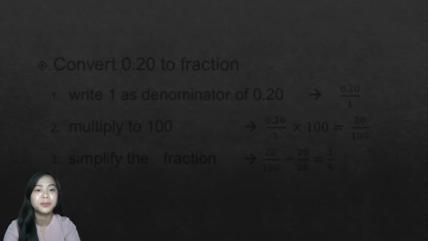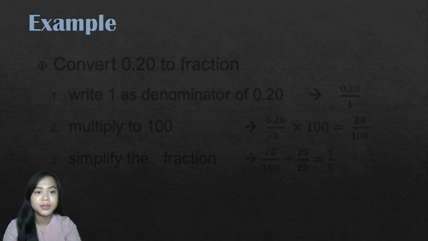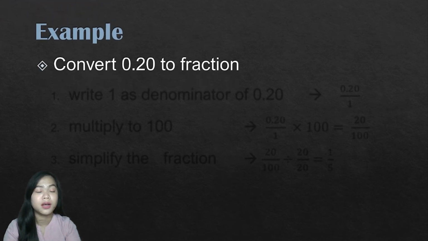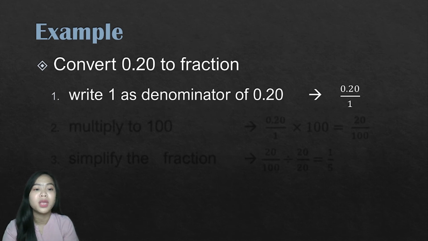So let's have an example. First, let's convert 0.20 to a fraction. So we have the first step. Write 1 as the denominator of our given decimal form, 0.20, or we have 0.20 over 1.